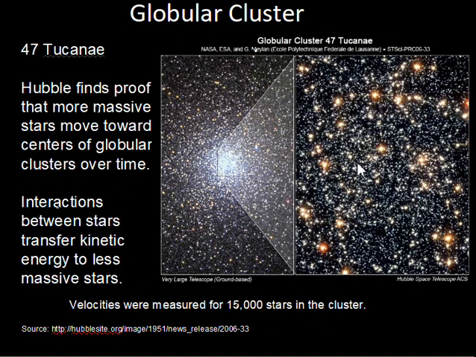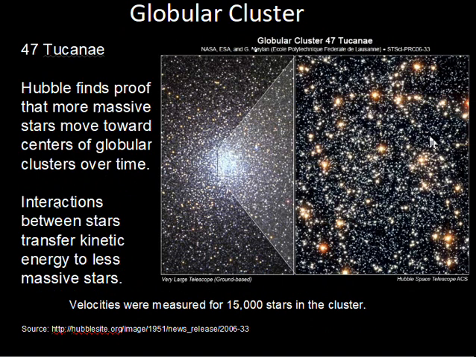There's good evidence that the more massive stars settle into the center of a globular cluster, and the less massive stars pick up kinetic energy from the more massive stars through their gravitational interactions as they pass by each other. Those less massive stars pick up speed and move to the outer regions of a globular cluster, while the more massive stars settle in towards the core.